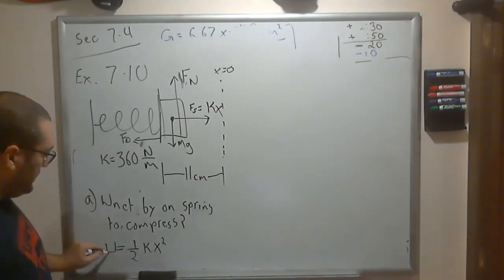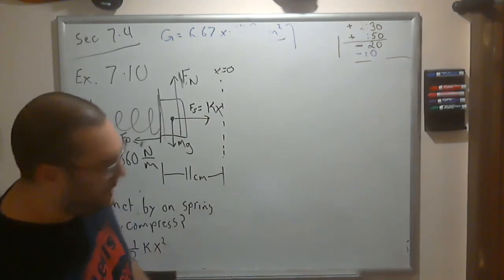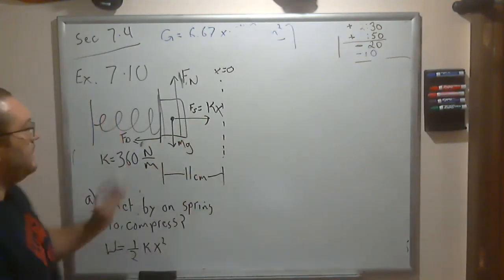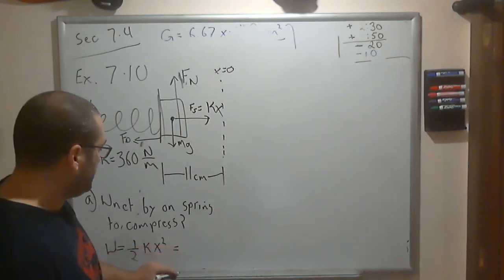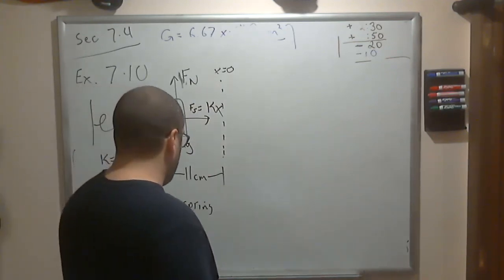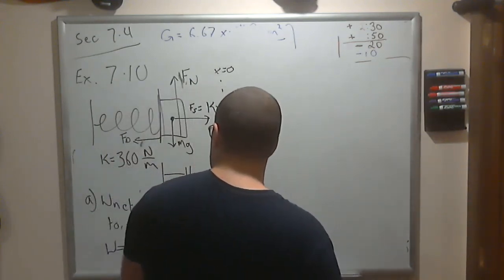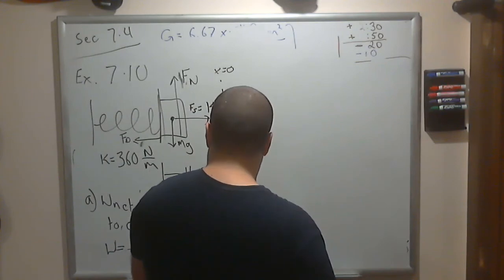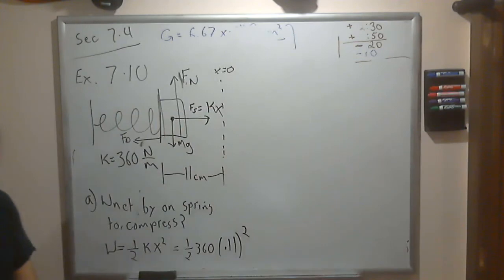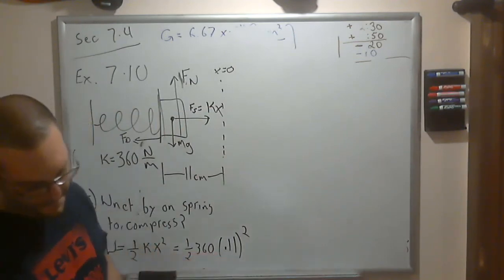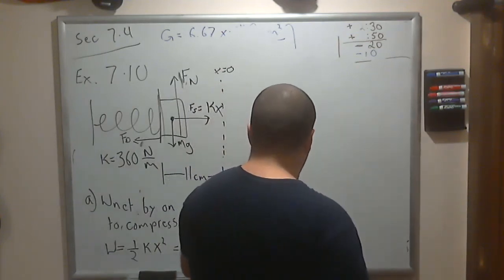And here we're compressing it from equilibrium, so we just use this, and it's equal to 1/2 times 360 times 0.11 meters, right? And we got our answer of 2.8 joules.